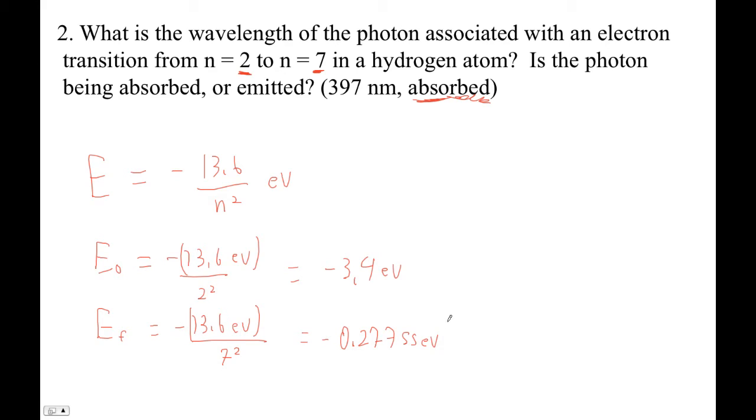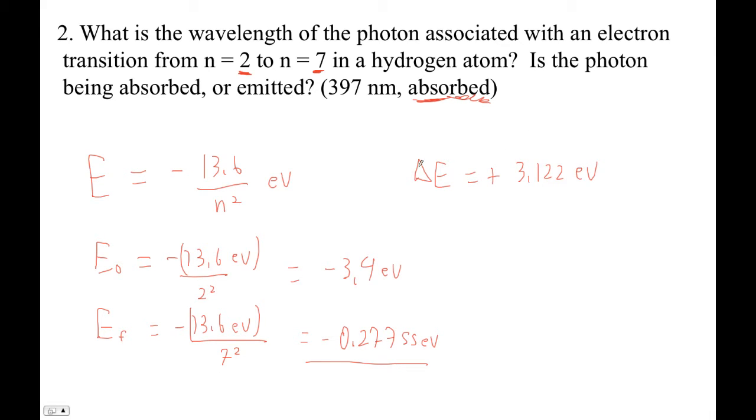Then the change in energy of the electron is, of course, final minus initial. So I'm going to go that guy minus the negative 3.4, and I get that the change in energy of the electron is positive 3.122 electron volts.